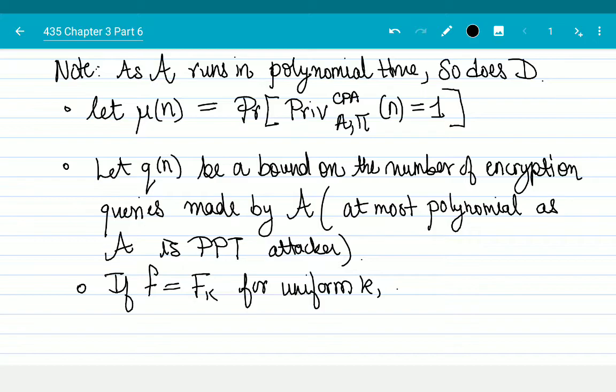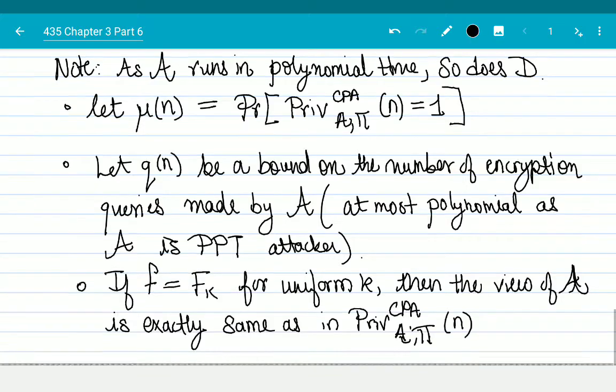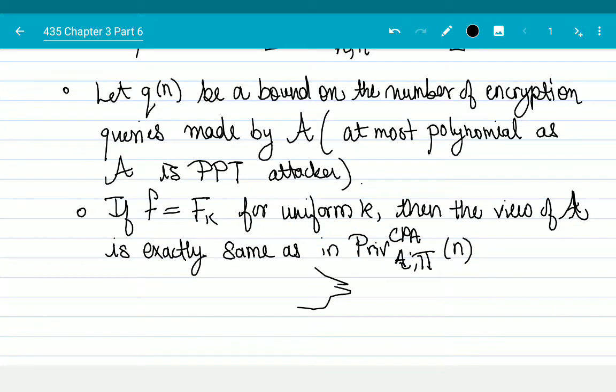Then the view of A is exactly the same as in the private encryption experiment CPA A, pi of n. Okay.